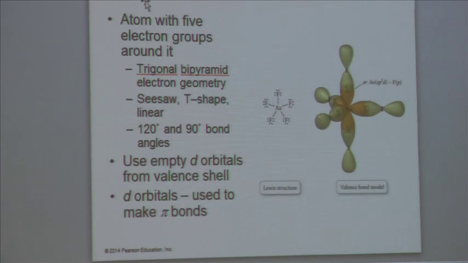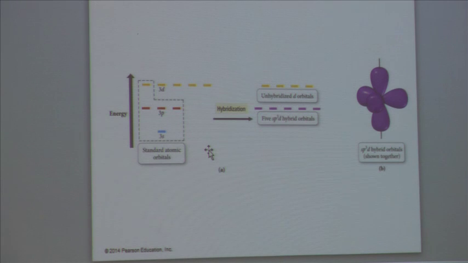And to form a dsp3, we take a d orbital and hybridize it with an s orbital along with 3 p orbitals to form a trigonal bipyramidal geometry.